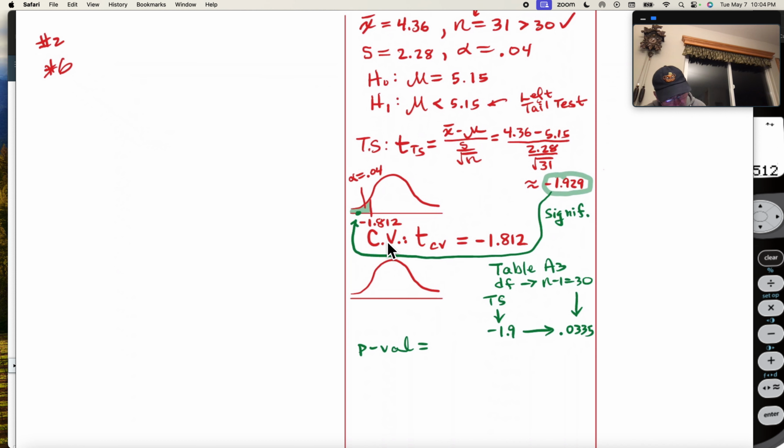So I'm just going to put this way over here. This is our test statistic. That's the negative 1.929. We rounded it to 1.9, so there's a lot of approximate values that we're using here. Anyway, that's our p-value, 0.0335.